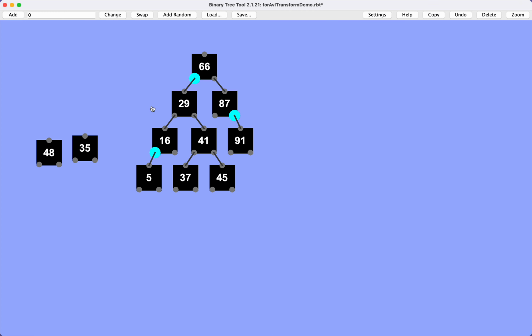Now let's try inserting the 35 into the tree. Just like with a normal binary search tree, we do comparisons and find out where it belongs. In this case, it's going to belong right here. Again, the 37 saw its left subtree grow, so it needs to change its balance factor. It was balanced, so now we make it lean to the left. The 41 has seen its left subtree grow.